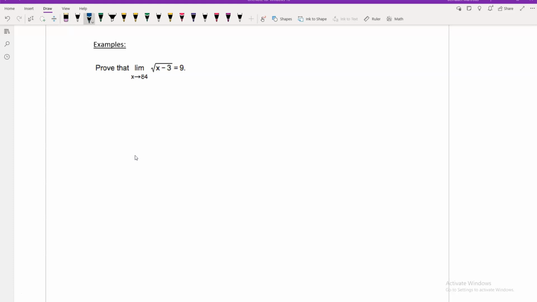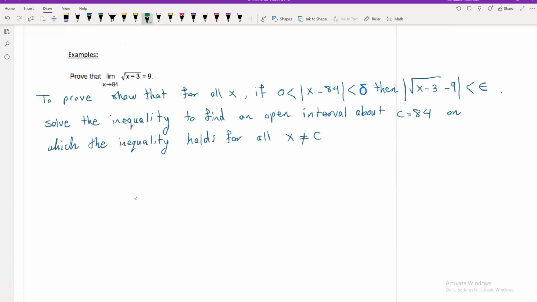So we have to solve the inequality to find an open interval about c, c equal to 84, on which the inequality holds for all x not equal to c. So here, solving absolute value of square root of x minus 3 minus L, so that is over L, less than epsilon.